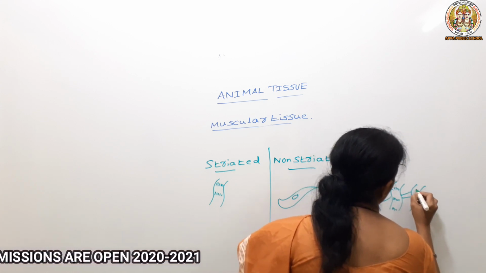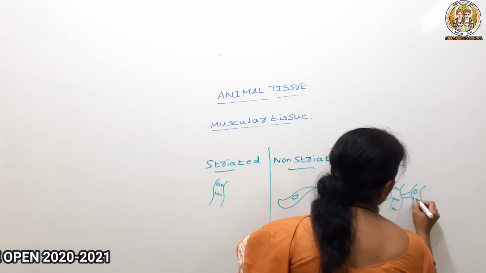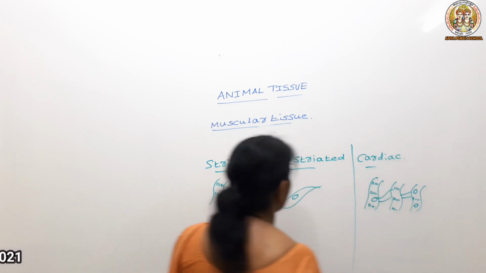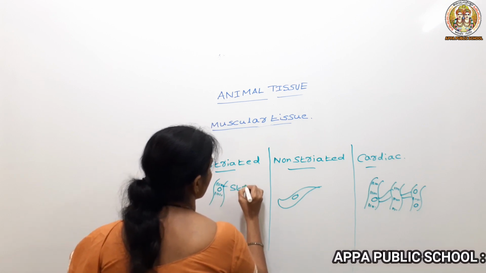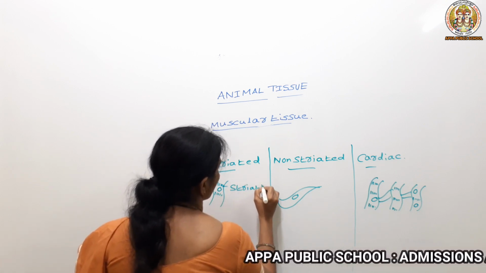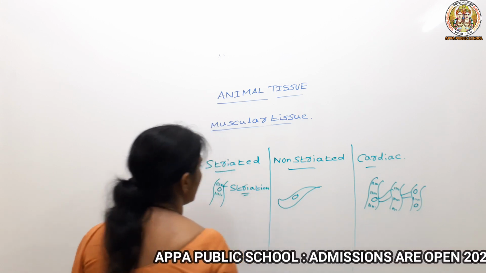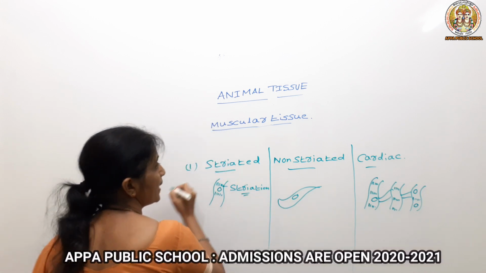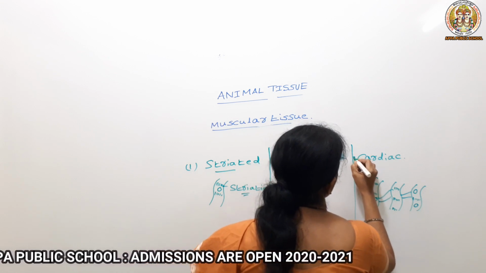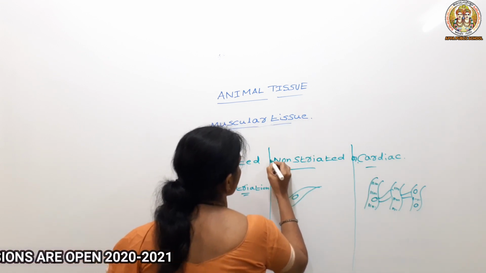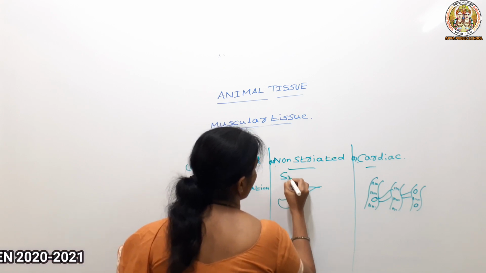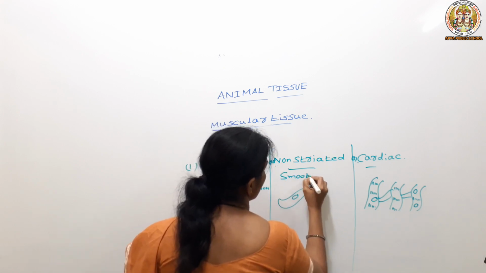You can see the nucleus here and there, the striations and the nucleus. You can see striations in the striated and in cardiac, but striation is absent in non-striated. That's why it is also known as smooth muscular tissue.